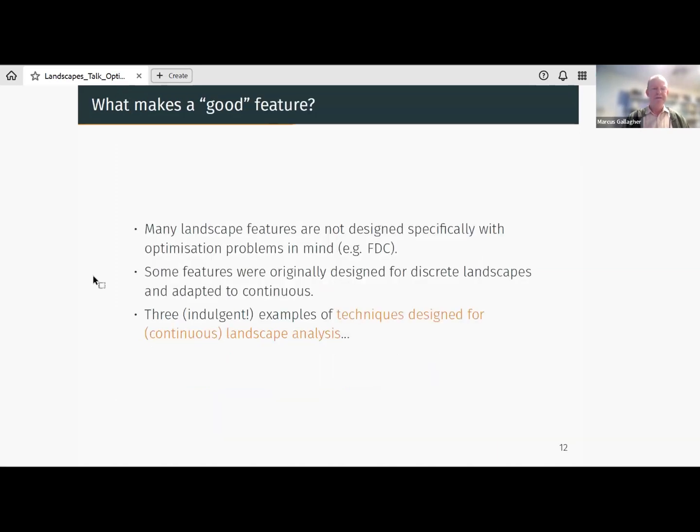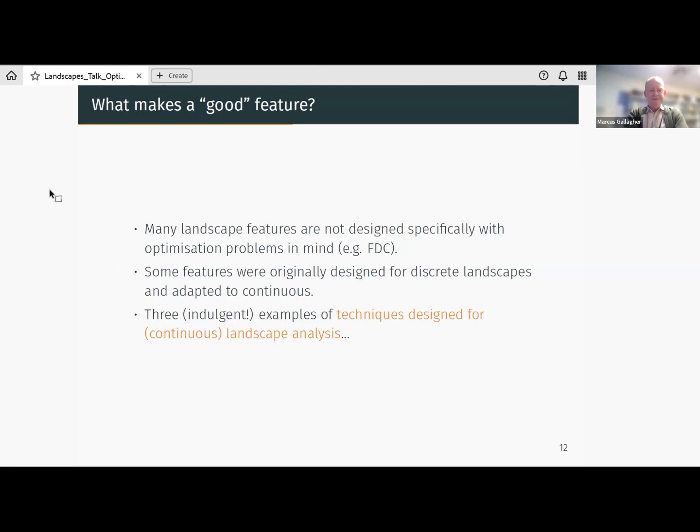All right. So then you might ask, well, what makes a good feature? I'm not sure I know, actually. Many landscape features that people use, you could say, are not designed specifically with optimization problems in mind. So people have looked at the data and said, okay, there are many things that are applicable here. We can calculate statistics and so on.